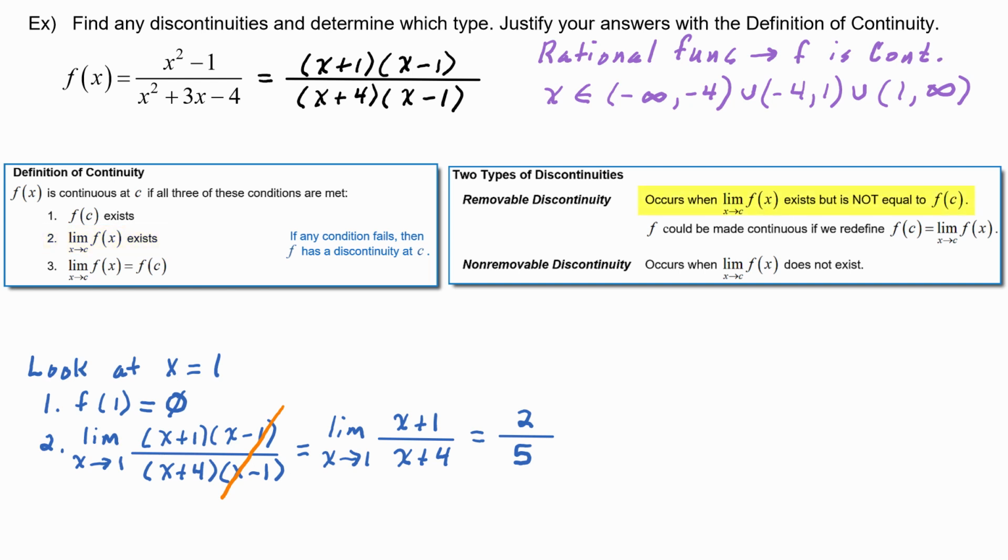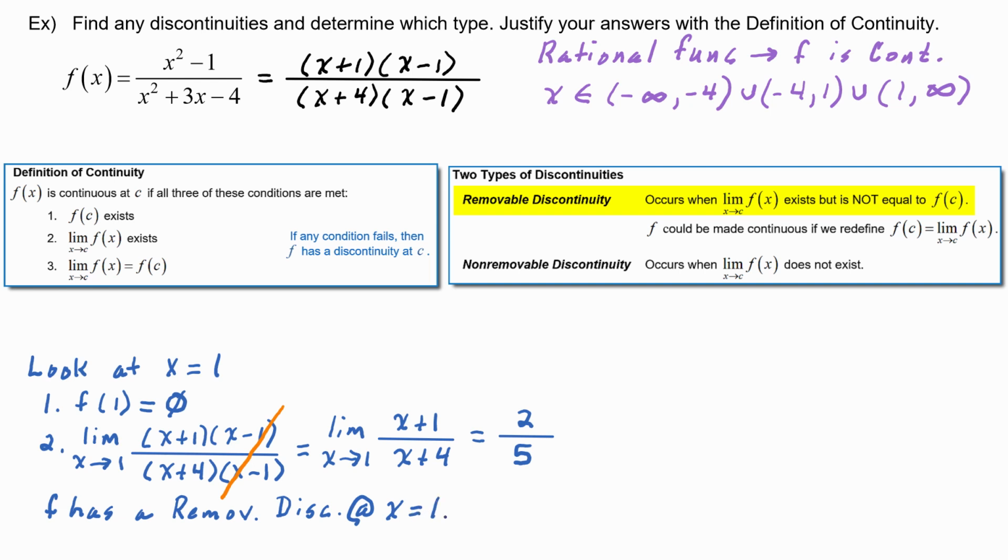Now, because the limit exists, but is not equal to the function value, we know that f has a removable discontinuity at x equals 1.